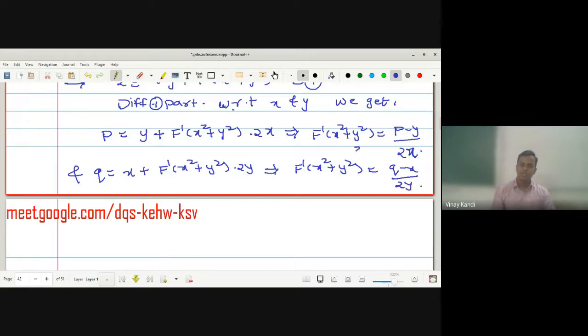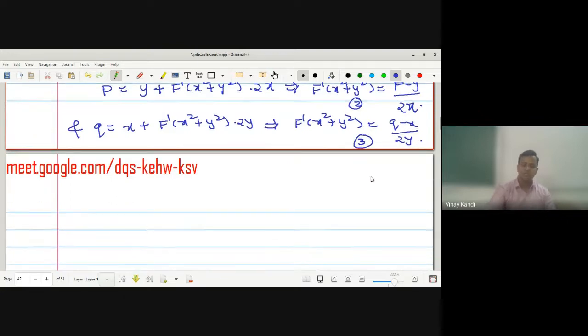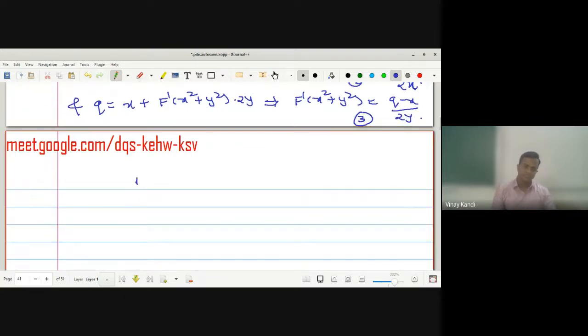Give it as equation number 2, and this is equation number 3. So from 2 and 3, we get (p minus y) upon 2x is equal to (q minus x) upon 2y.